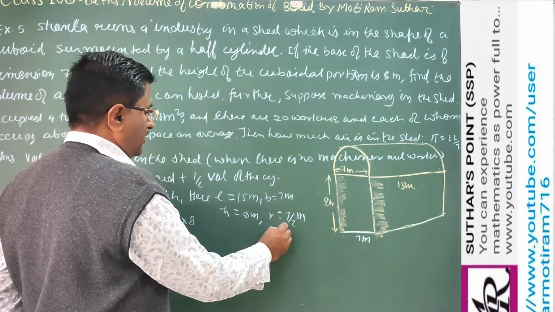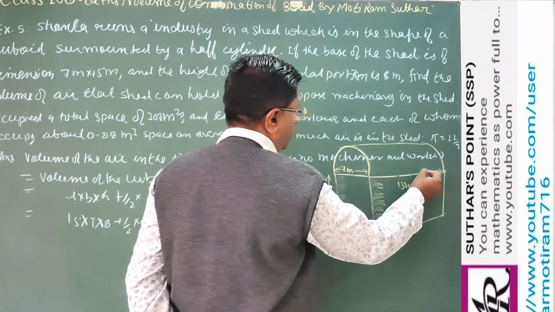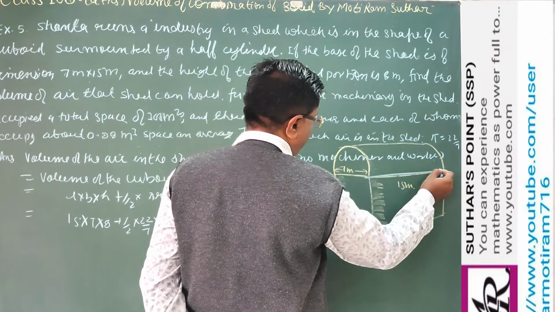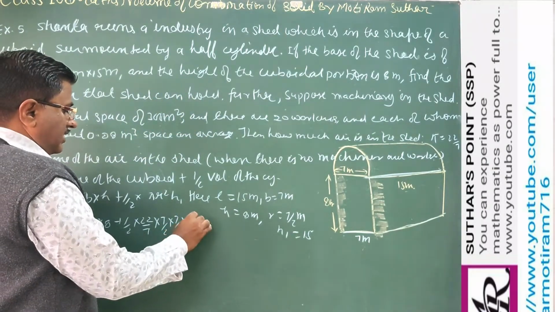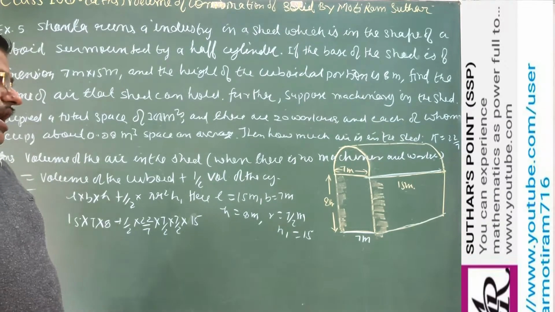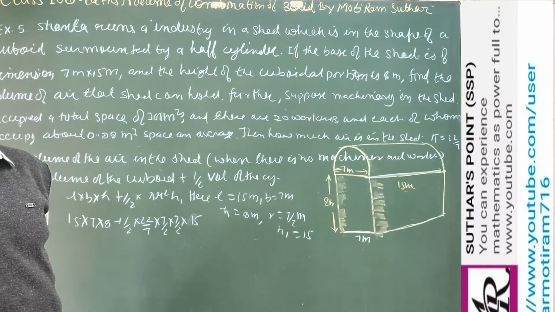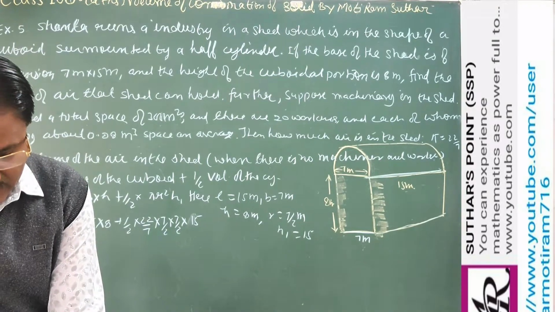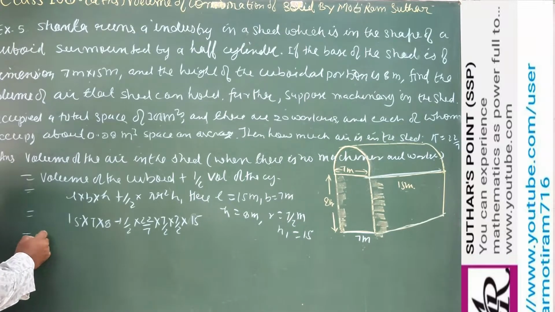So h1 is the length of the cuboid, which will also work as the height of the cylinder, so you can write this as 15. This is very important: h1 is the height of the cylinder and h is the height of the cuboid. Both are different. That's why we are using the 15. Now you can solve this.